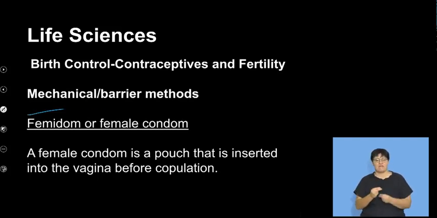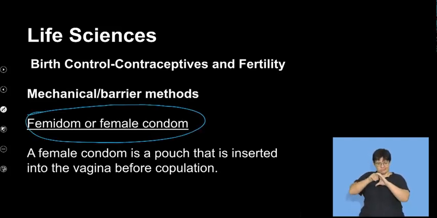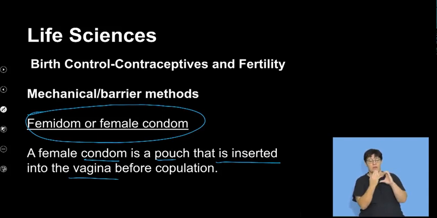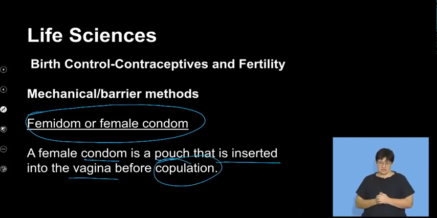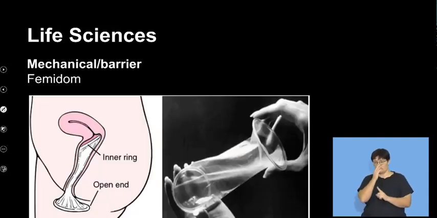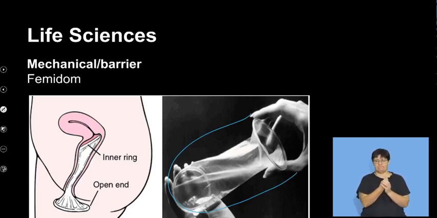We also have female condoms called femidoms, and this is a pouch that is inserted into the vagina before copulation. This is an image of it, and this is what it looks like. It has two rings, an inner ring and an outer ring that sits on the external surface of the vulva.